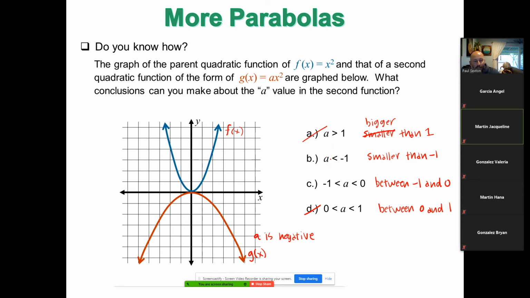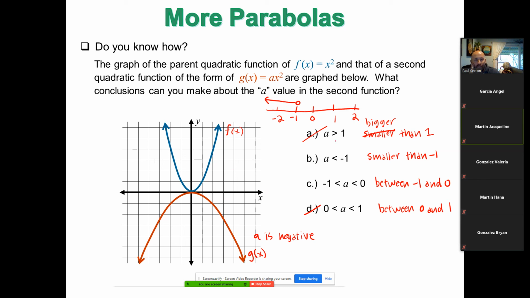But here, if we said A is less than negative 1, well, if you did a number line, this is 0, this is negative 1, this is negative 2, this is 1, this is 2. So smaller than negative 1 is all these numbers, like negative 2, negative 3, negative 4. Well, we know if A was 2, it would be really skinny, or 3, or 4, or 5, and the negative just flips it down.